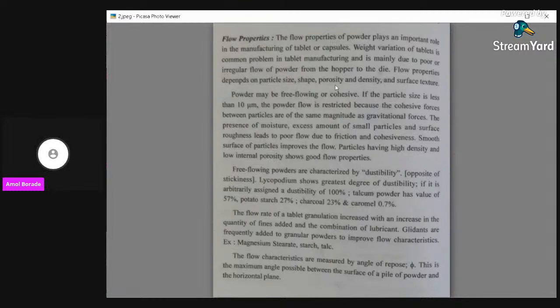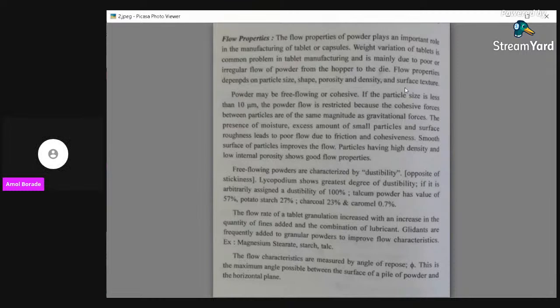If the surface is too rough it hinders flow, and if it is smooth, it will definitely increase the flowability of the powder or granules. Similarly, with higher density particles, powder flow will be better, with less dense powder it may not. Similarly, surface texture. All of these factors are going to govern the flow properties.